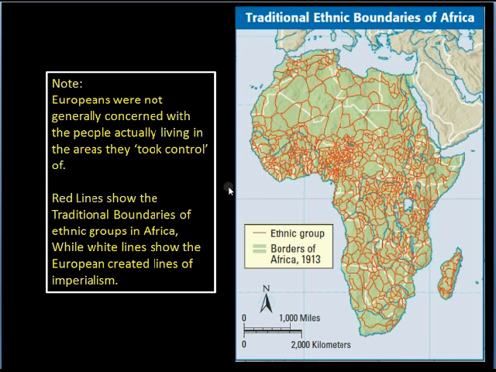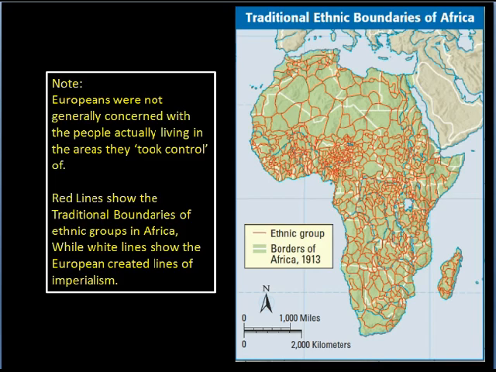The actual quote that your book gives is that the European nations divided the continent with little thought about how African ethnic or linguistic groups were distributed. It's pretty accurate if you look at this one. So just be aware that when they divided this, there was no consideration about where anybody lived.